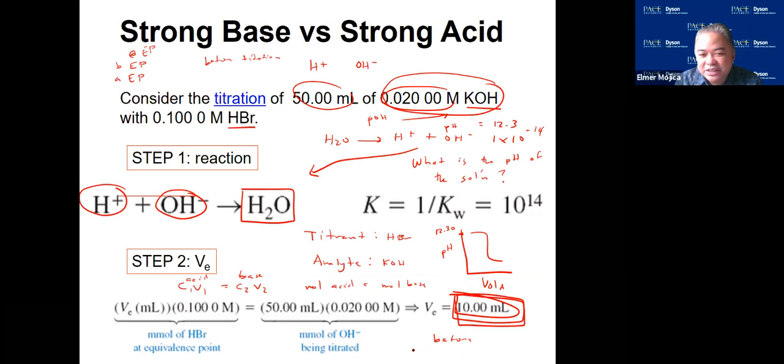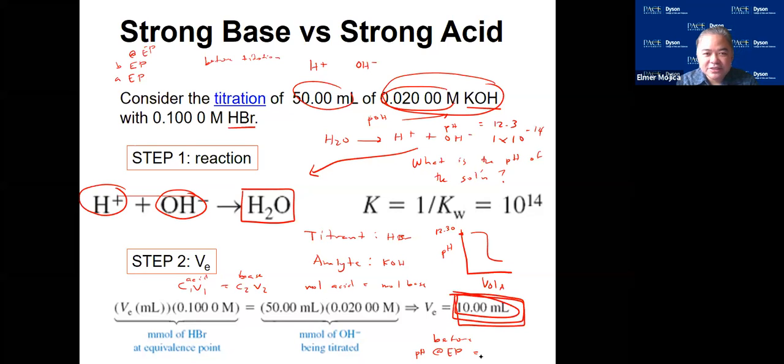So what do you think is the pH at the equivalence point for this? Is it 7, greater than 7, or less than 7? Anyone? What would be the pH at the equivalence point for this reaction?